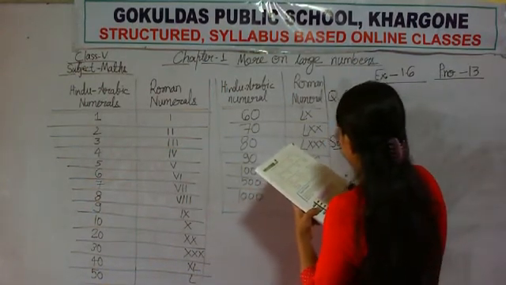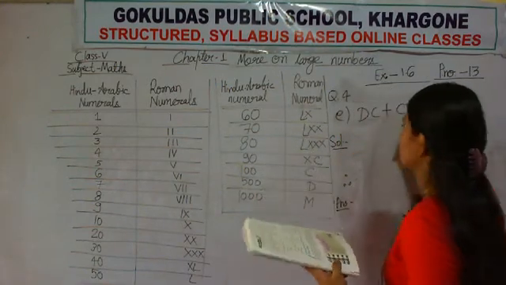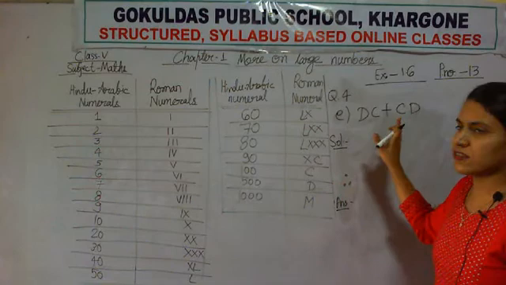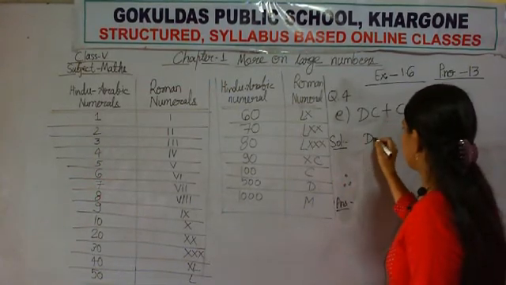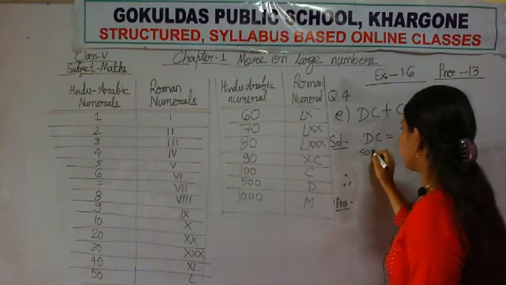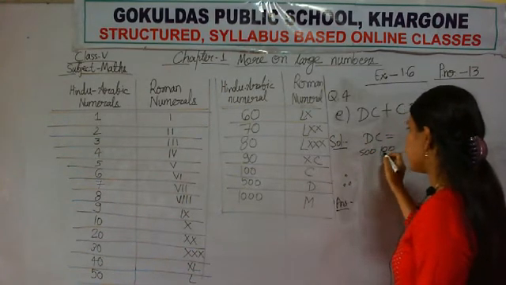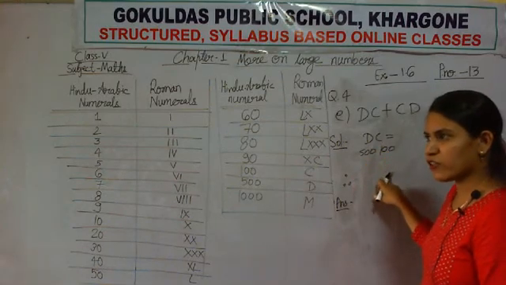I am doing D for you. DC plus CD. It is not the CD player wala CD. Here D represents 500 and C represents 100. 100 is smaller than 500 and it is written at the right place to the 500.